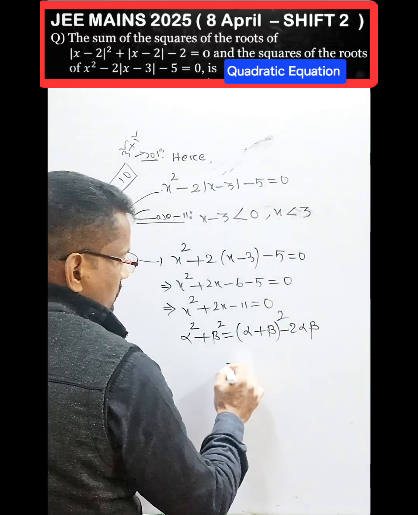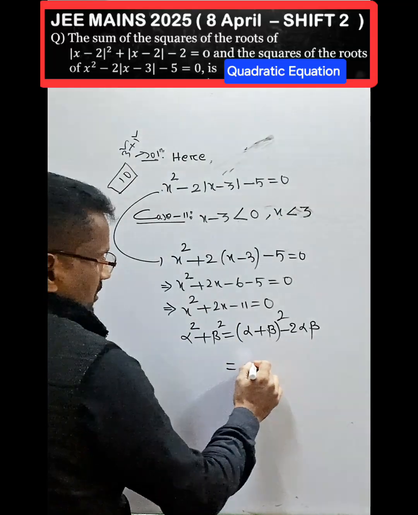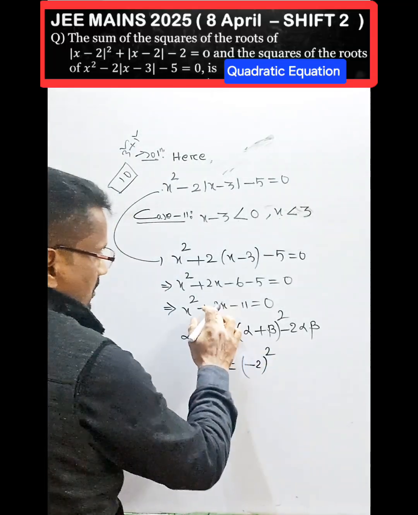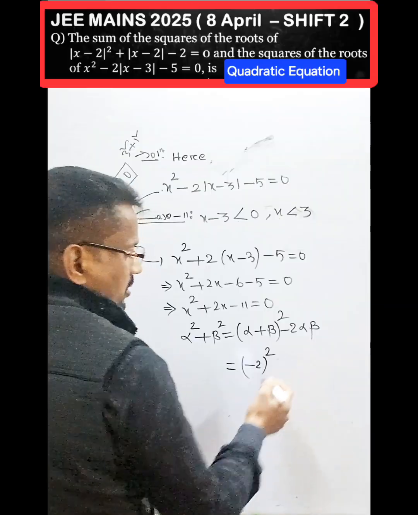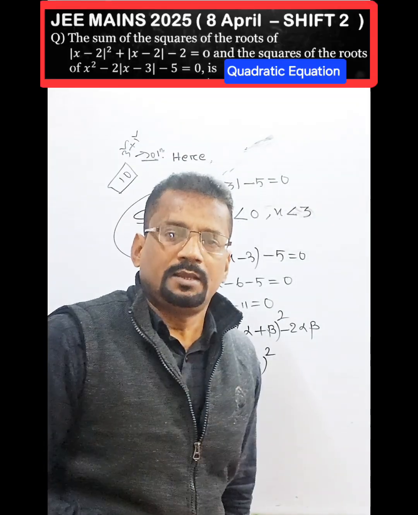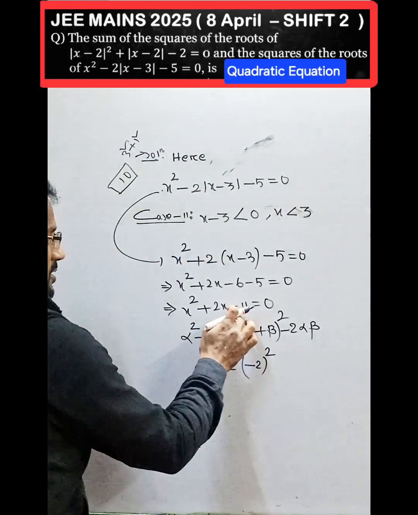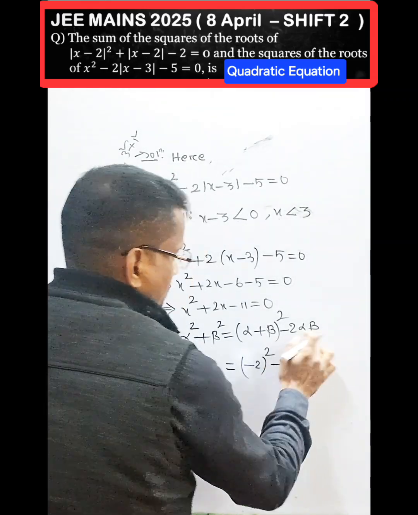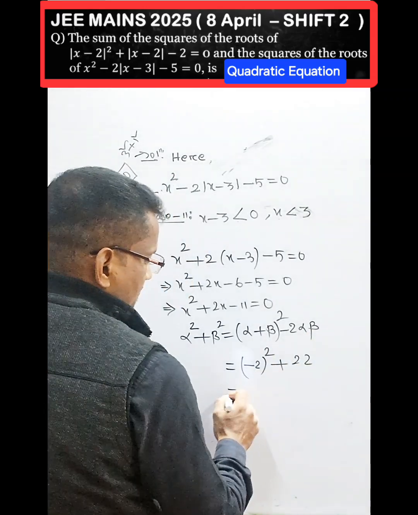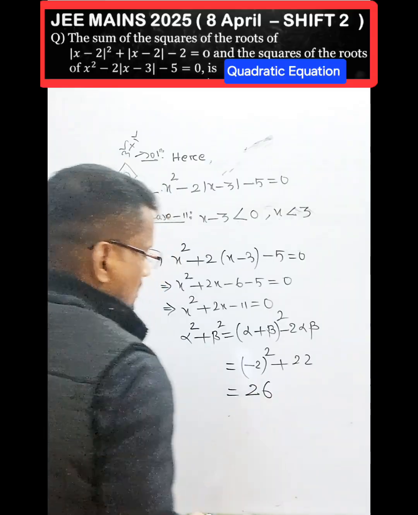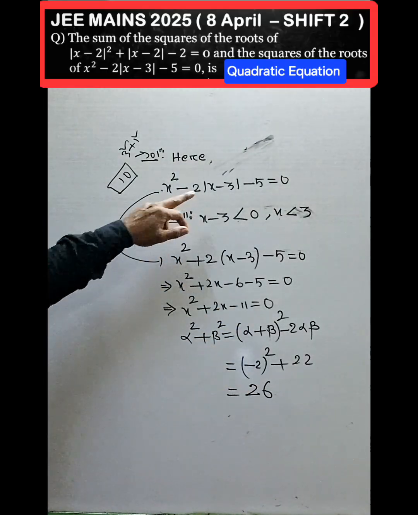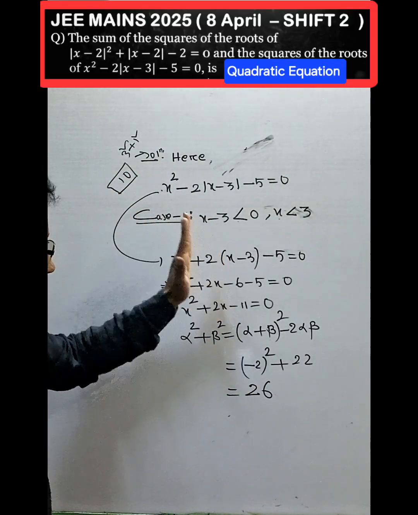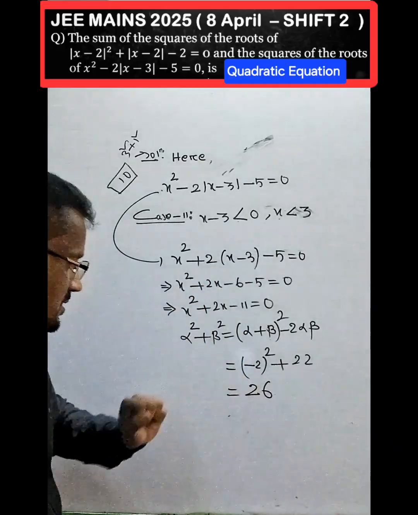Now the sum of the roots is known to us, that is minus b by a, so it will be (negative 2) whole square, and the product of the roots is c by a. Here c is negative 11 and a is 1, so it will be plus 22. That is 4 plus 22, which is 26. So from here, considering this equation, the sum of the squares of roots is 26.